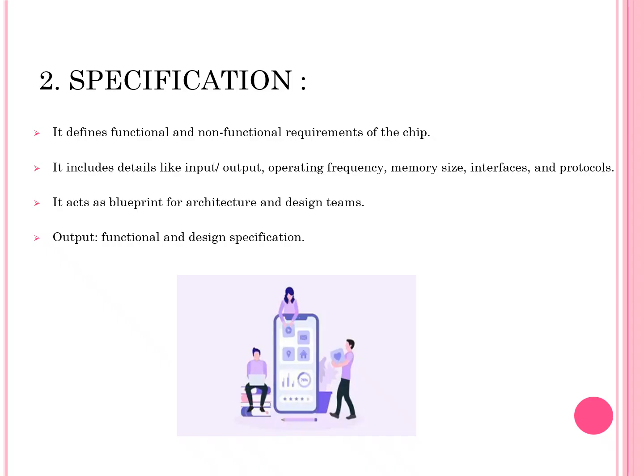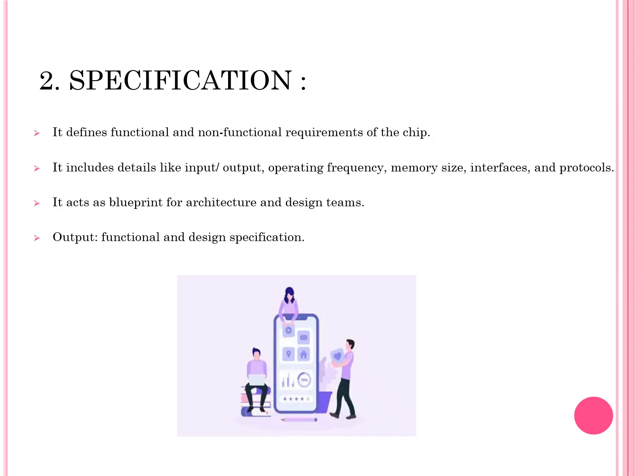The specification document includes all key parameters such as input and output signals, operating frequency, memory requirements, interfaces, and communication protocols to be used. This document acts as a blueprint for the architecture and design teams, providing a precise guideline that ensures all the members work towards the same design goals.